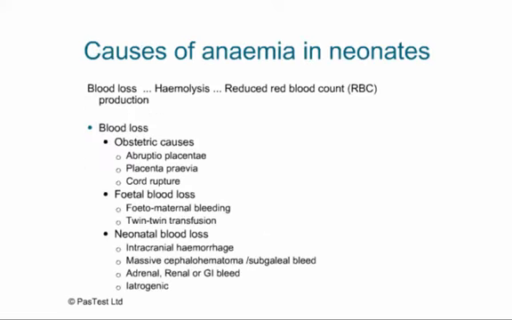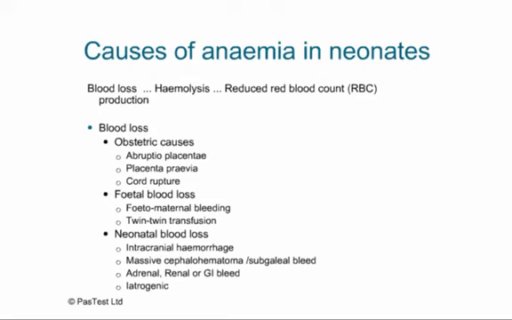There is quite a long list of causes of anemia in neonates, but I found an easy way of remembering these if you classify them into causes of blood loss, increased destruction of red cells and therefore hemolysis or hemolytic anemias, or decreased red cell production.